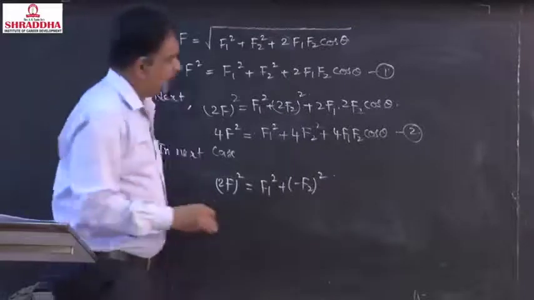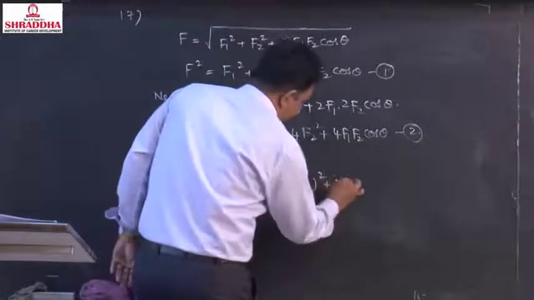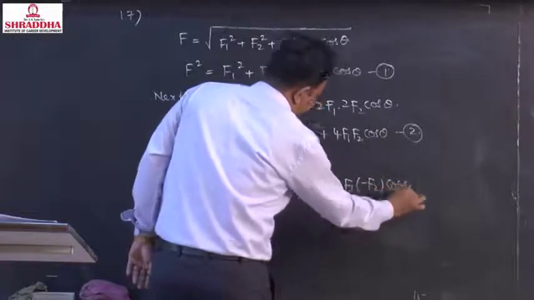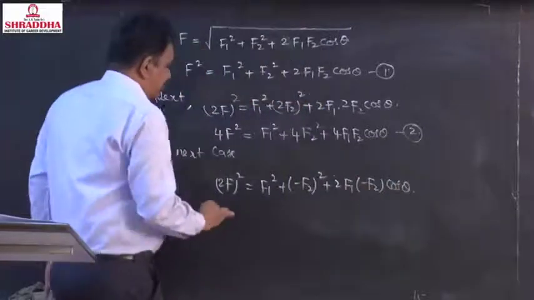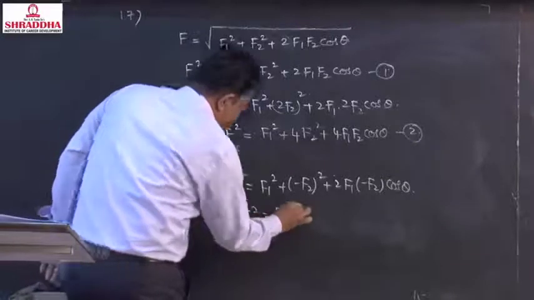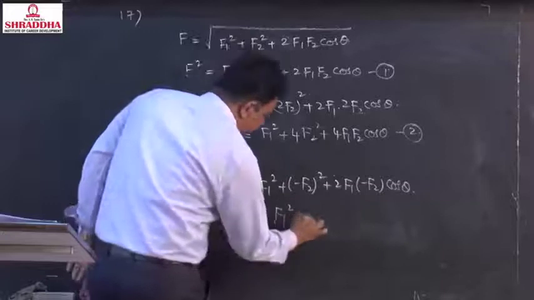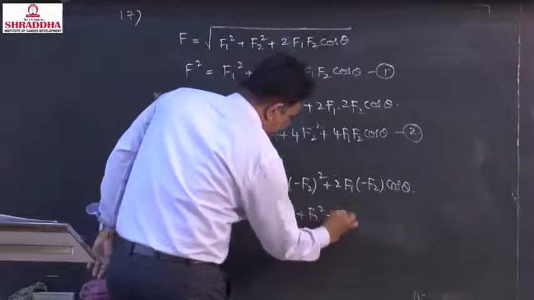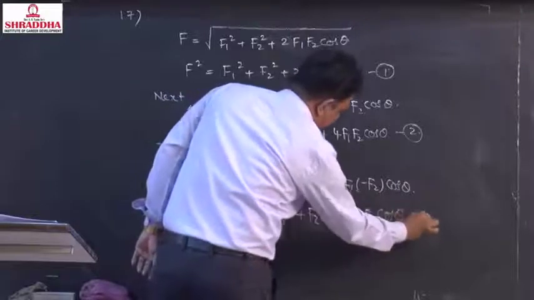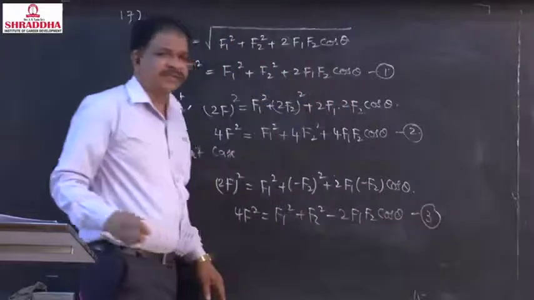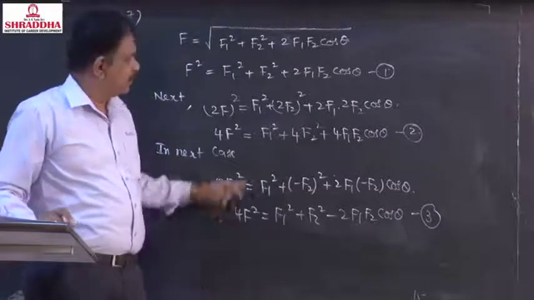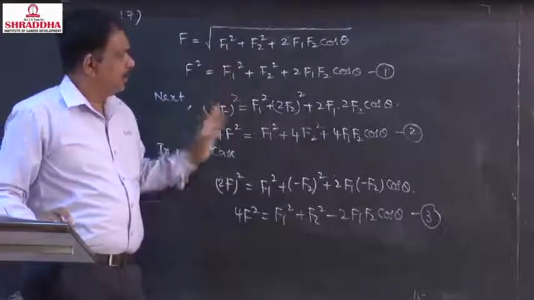So F2 place minus F2 we have to write. So 4F square is equal to F1 square plus F2 square minus 2F1 F2 cos theta. We will get these three equations using the given data.